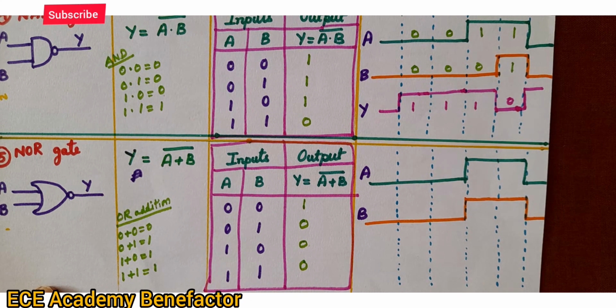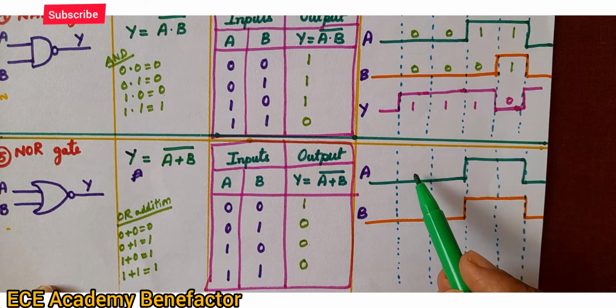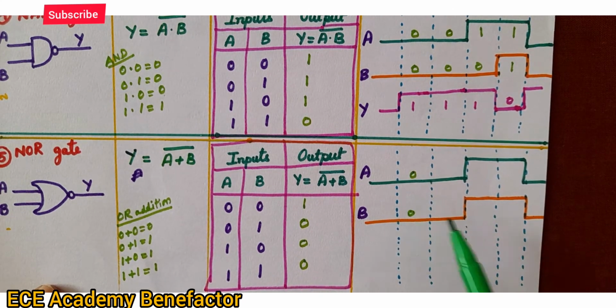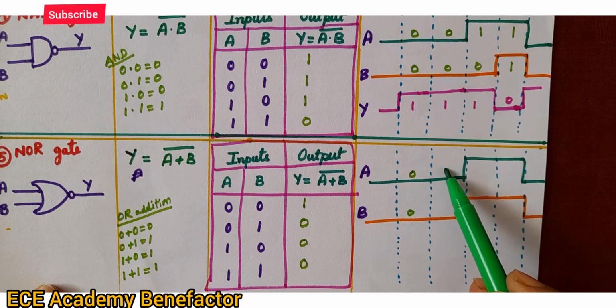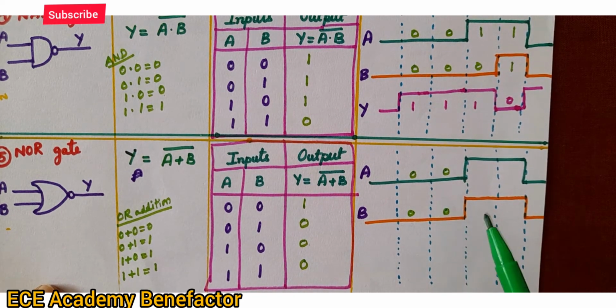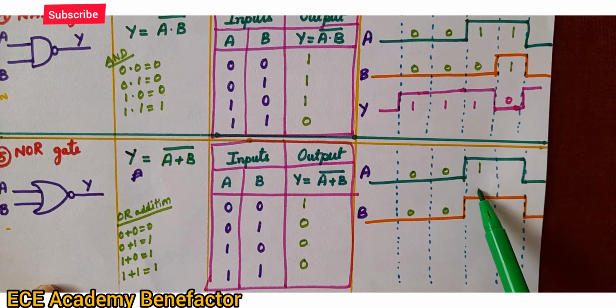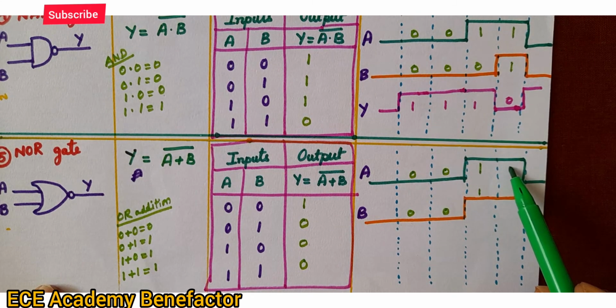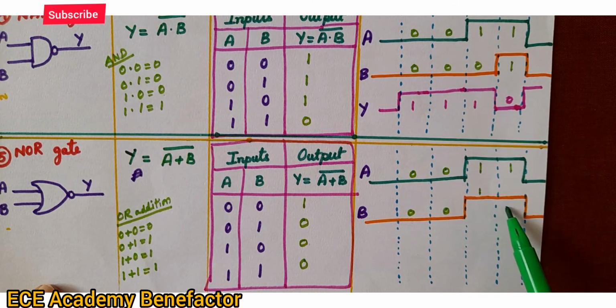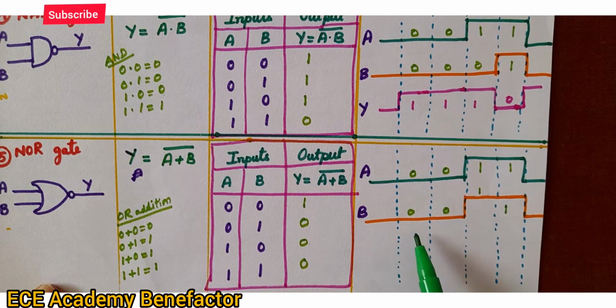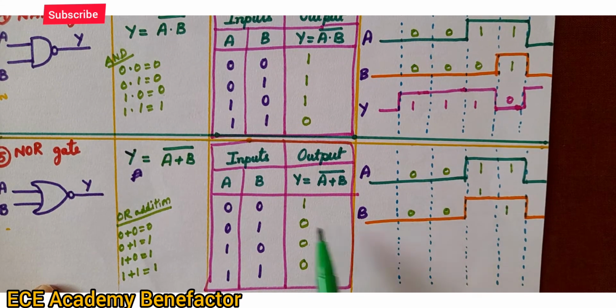Now coming to the timing waveform, in T1 A is 0, B is 0. T2 A is 0, B is also 0. In T3 A is 1, B is 1. In T4 A is 1, B is 1. So how do we draw the waveform? When both are 0, the output is high for a NOR gate.